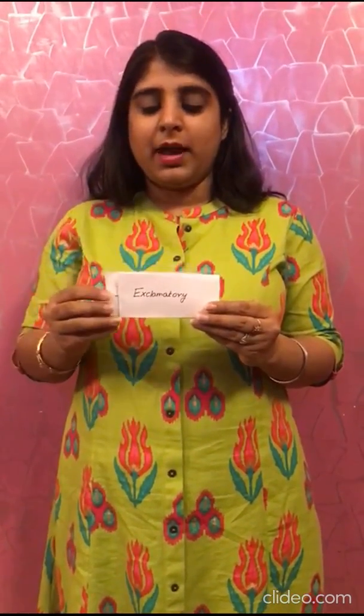Interrogative sentences, they are used to ask questions. For example, what is the time by your watch? An exclamatory sentence, on the other hand, is used to express sudden emotions or sudden feelings of joy, sadness, or maybe surprise. For example, how cute the puppy is!